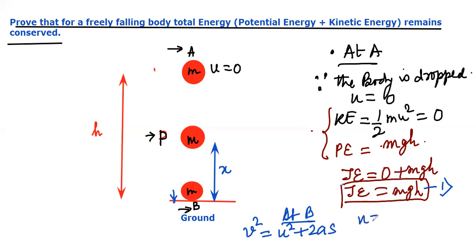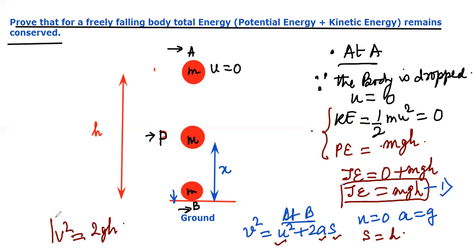Here u equals 0, a equals g, because the body is falling with the acceleration due to gravity, and s is equal to h. So instead of u I put 0, instead of a I put g, instead of s I put h. So I'll get v square is equal to 2gh.